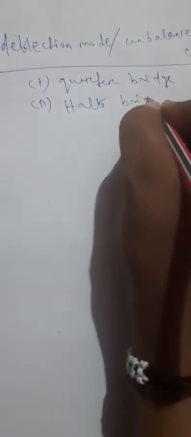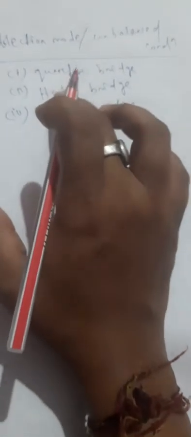The first one is quarter bridge. The second one is half bridge. The third one is full bridge. In the case of quarter bridge, we use one strain gauge in one of the arms of the Wheatstone bridge.